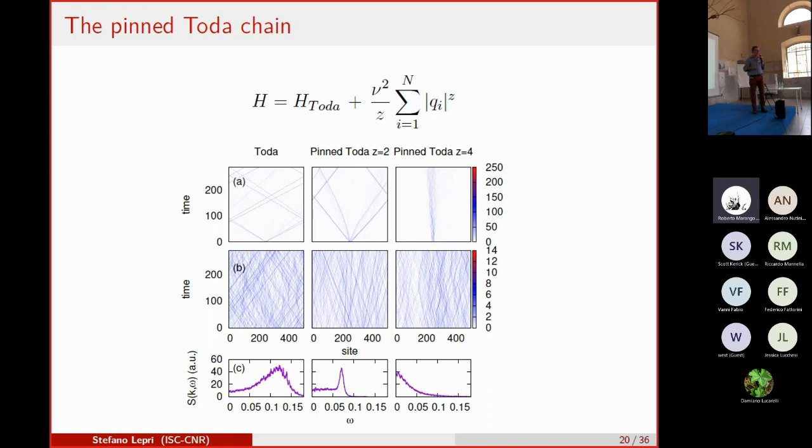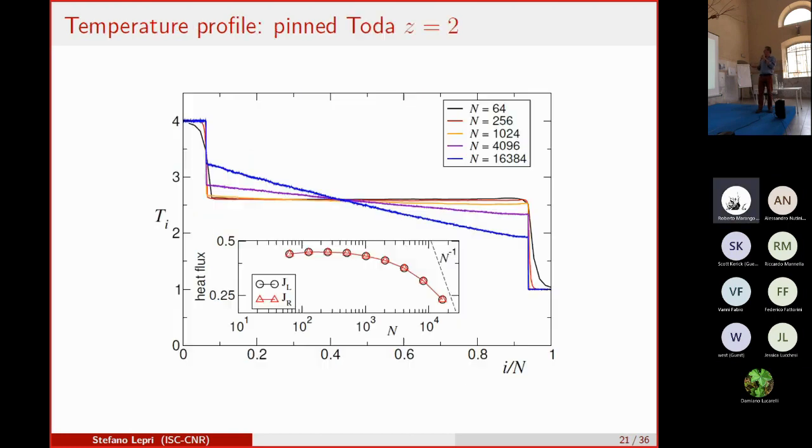What do I mean by this? For example, you can have perturbations that disturb less the solitonic structure, and there is something remaining of this quasi-integrability of the dynamics. So this is an example. If you take the Toda chain with some quadratic perturbation, take z equal 2, just to show you this.